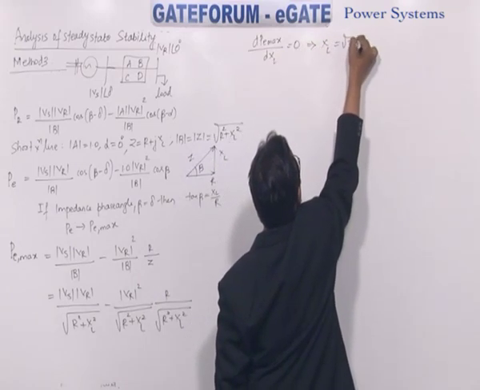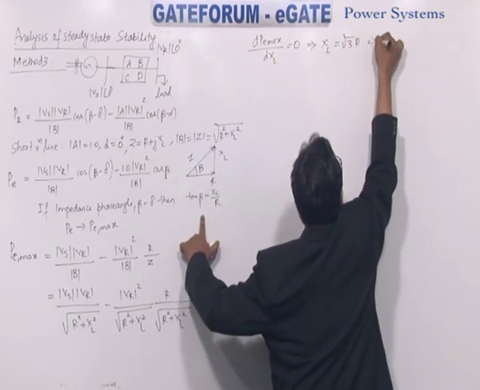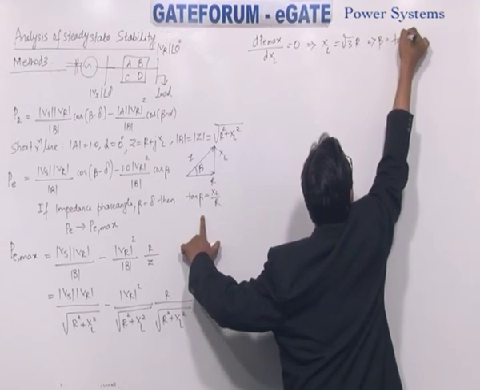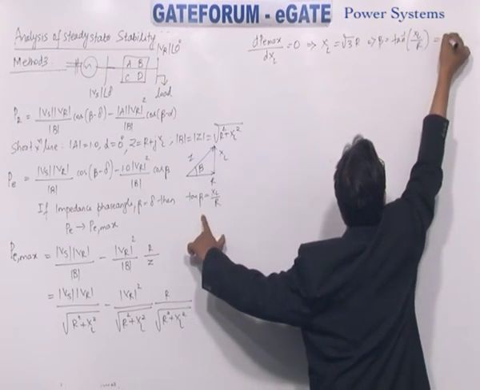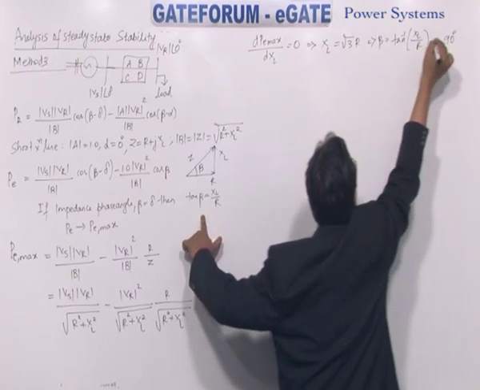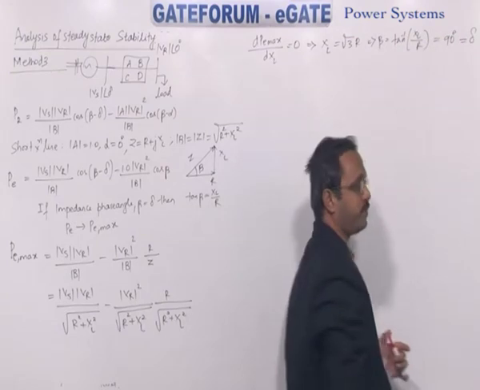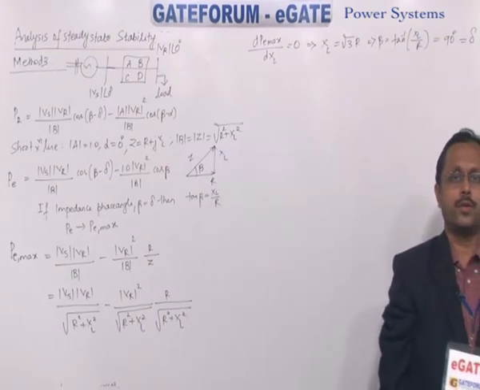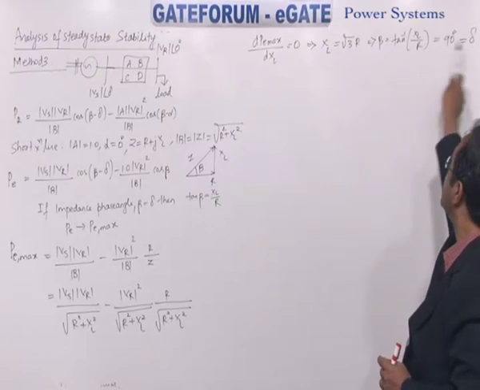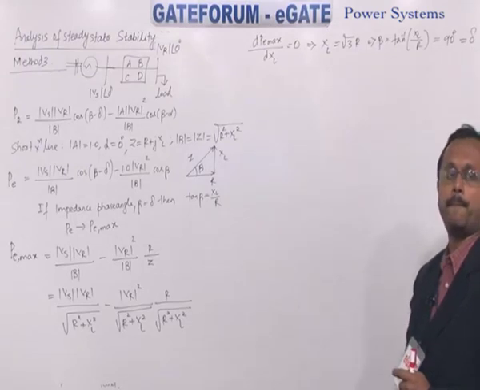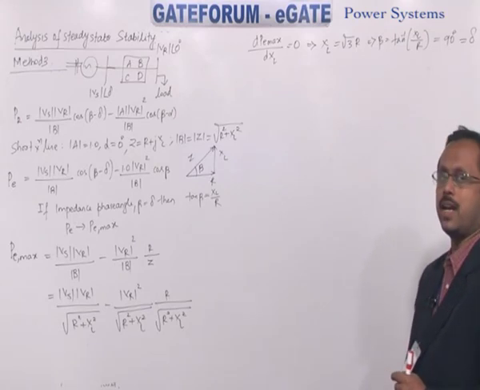You get it as root 3 into R. So what will be tan beta or beta now? Tan inverse XL by R, tan 60, you get it as 90 degrees, or that is nothing but delta. You know, for maximum power to be transmitted, beta is the same as delta only. So that value is equal to 90 degrees.